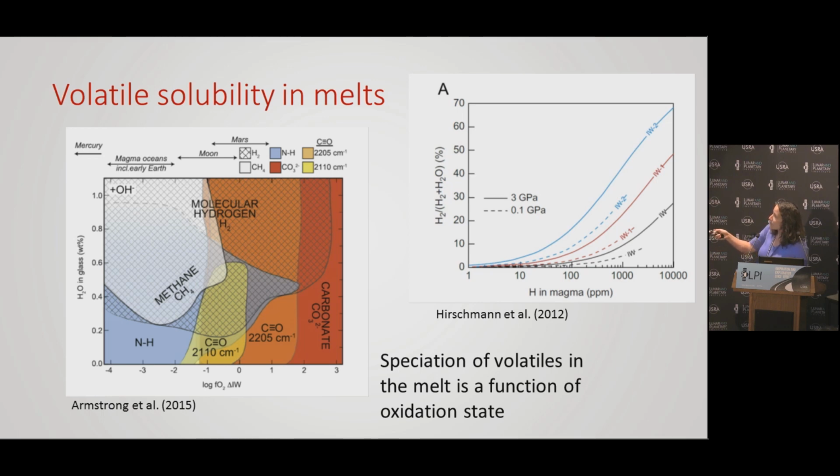So at very low redox states and high hydrogen abundances, most of the hydrogen in the melt will be in the form of H2, whereas at more oxidizing conditions, most of the hydrogen will be in the form of H2O in the melt. So this will affect the degassing of these melts and also the overall solubility of materials in the silicates.